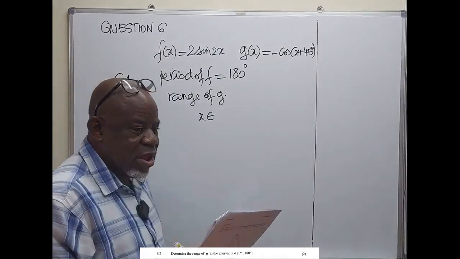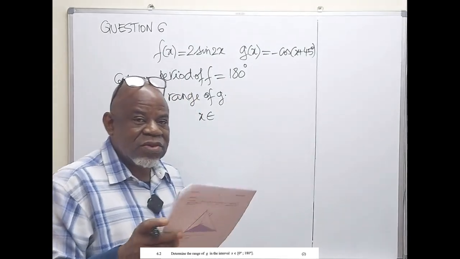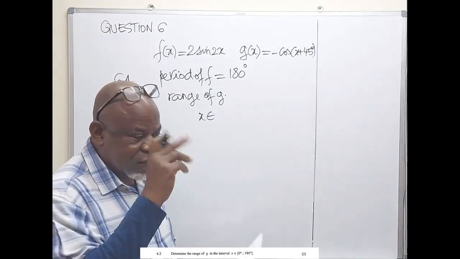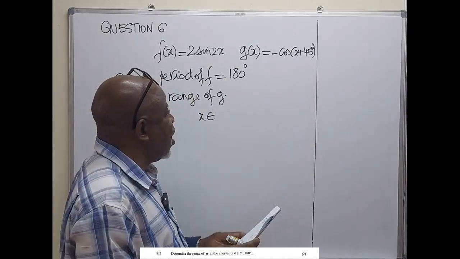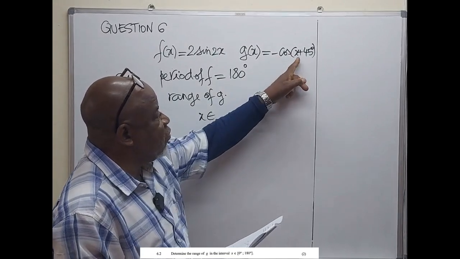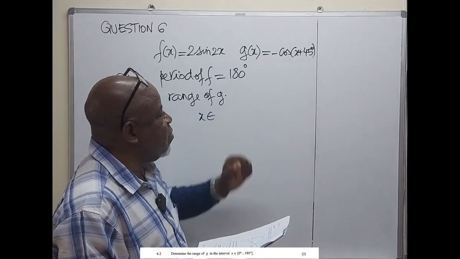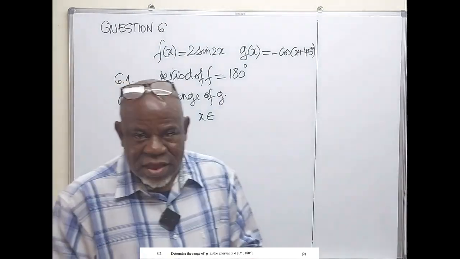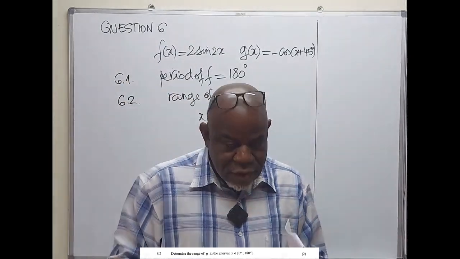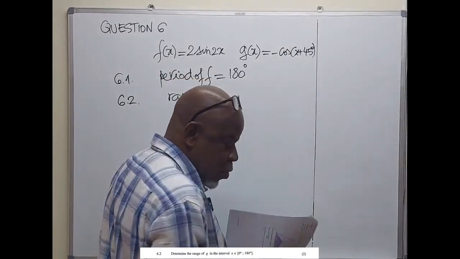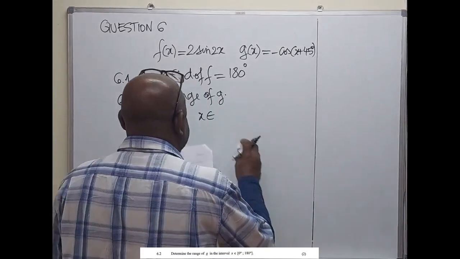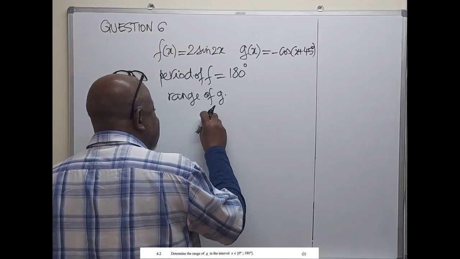If you check with your calculator, cosine of 45 is square root of 2 over 2, and as we are having a negative, replacing x by 0 gives negative square root of 2 over 2. Here we're going to consider y, because we are talking about the range.